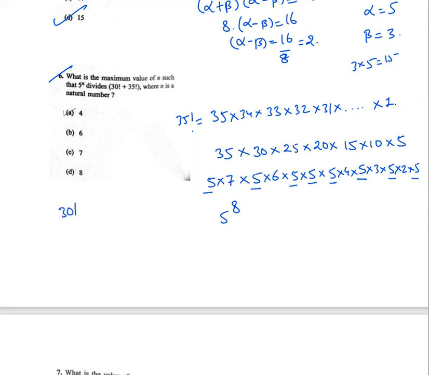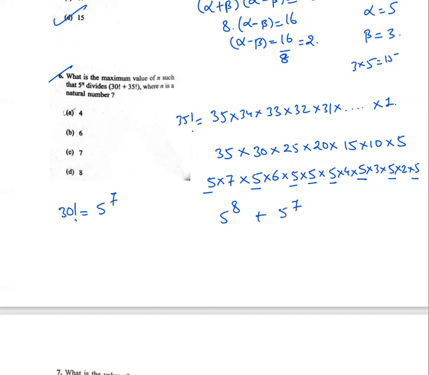Similarly, in 30 factorial, how many will we have? We have 5 power 7, so 7 fives will be there. Now we have to add these. 35 factorial has 5 power 8 and 30 factorial has 5 power 7.